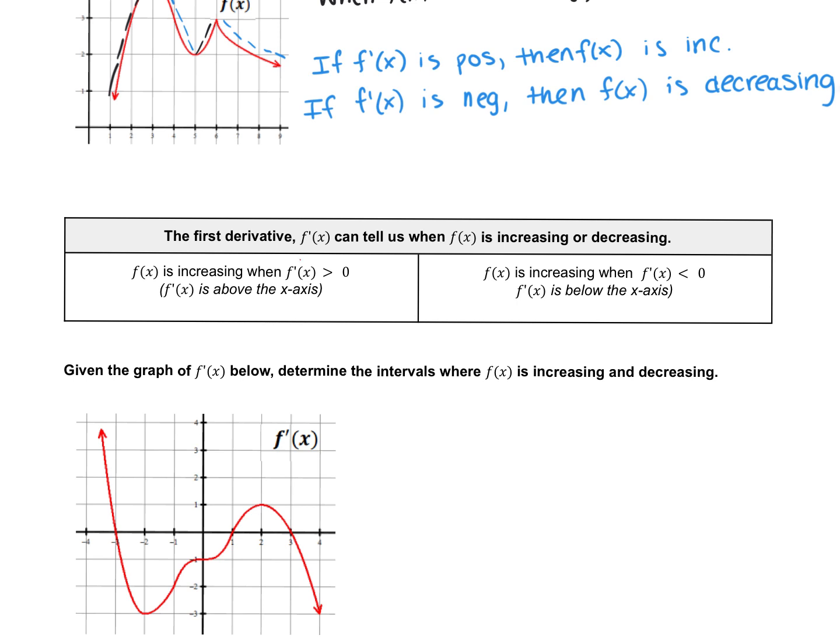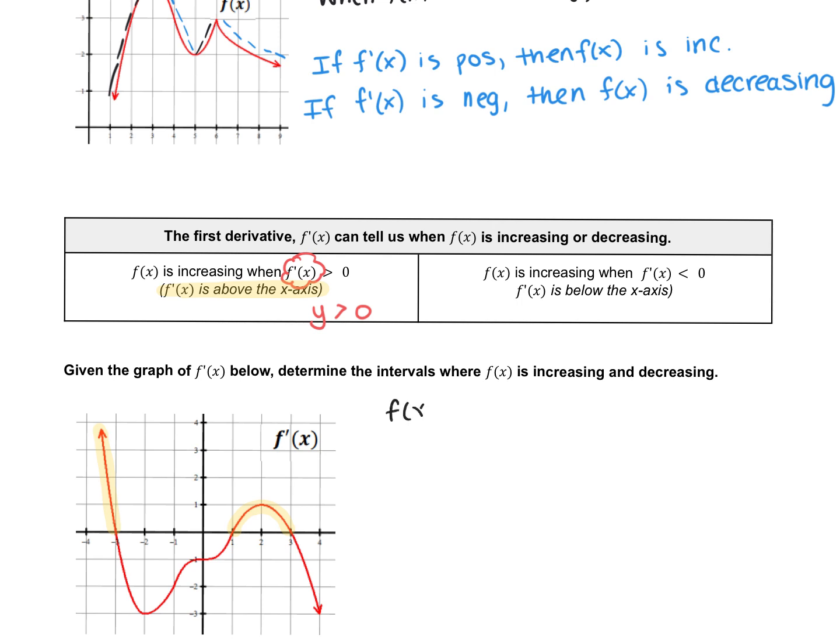Since f of x or f prime of x are y values, we're looking for the y's to be greater than 0. And what that means in a graph is that it's entirely above the x-axis. So where is my graph above the x-axis? Here and here. So because this is the graph of f prime, we can tell information about f of x.